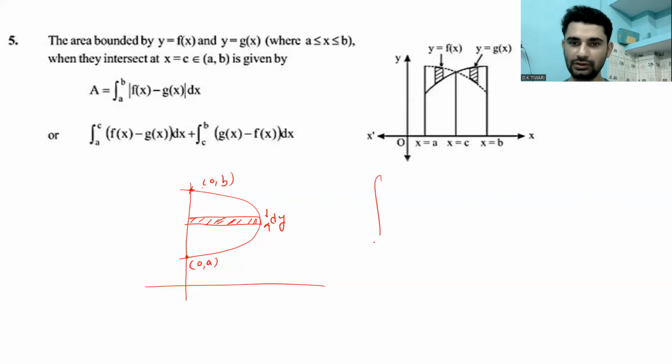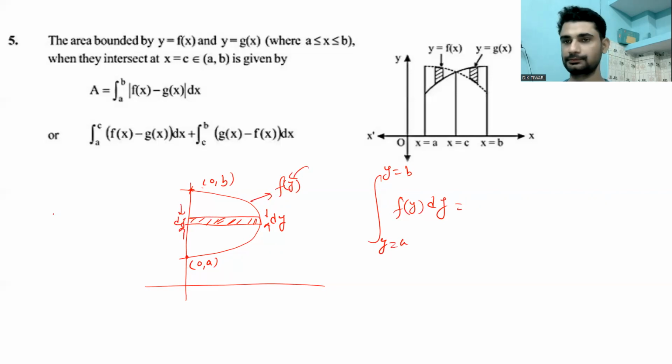Now I'm going to find the complete area. Integrate from y equal to a to y equal to b, now it is f of y dy. So this function is called f of y, because now it is a function of y, because the strip varies on the y-axis.